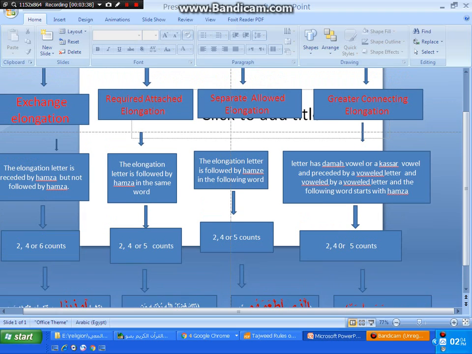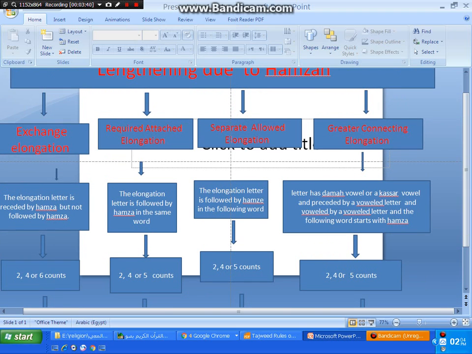The last is called greater connecting elongation, mad as-sila al-kubra. Let us see what mad as-sila al-kubra is.